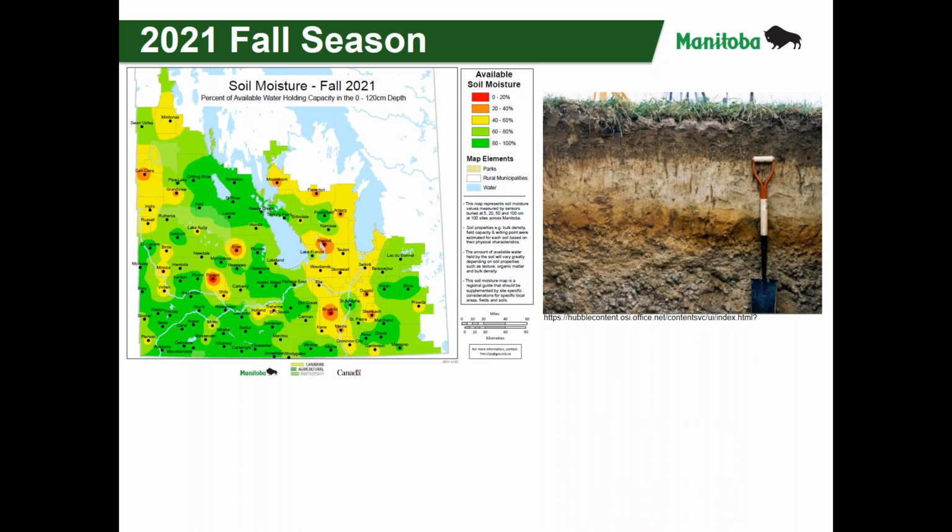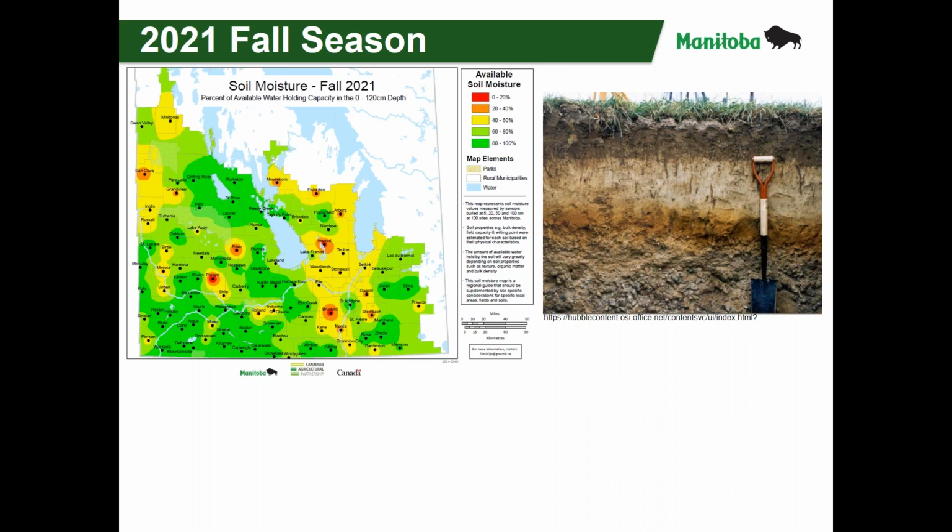With soil moisture, you can move just a couple of feet away and it will be completely different. But at our monitoring stations, the Interlake and the Red River area were still much drier. The Southwest was slightly better, at least 60 to 80%, and some locations 80 to 100% of available water capacity.